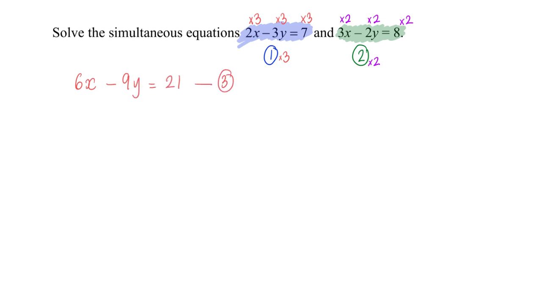That's my equation 3. 6x minus 4y equals to 16 as equation 4.